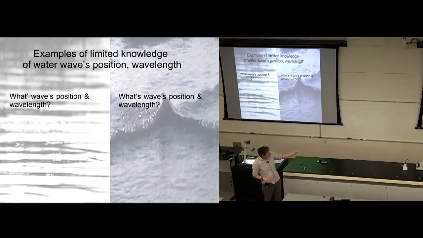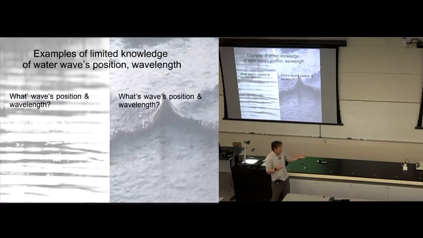Over here on the left, we've got a well-defined wavelength, but I can't really say where the wave is. The wave is in the whole pond. I can't point to a location where it is. Over here on the right-hand side, I can say that this wave is right at this position, but I can't tell you what wavelength it is.